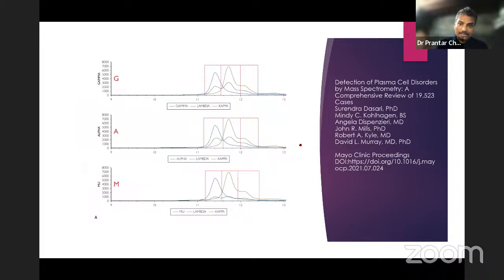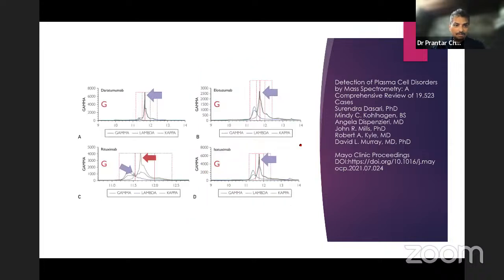So this has also been standardized at other cancer centers, and we are trying to develop a make in India version of it. Now, this is more helpful because nowadays we use monoclonal antibodies like daratumumab, elotuzumab, even sometimes rituximab and isatuximab.